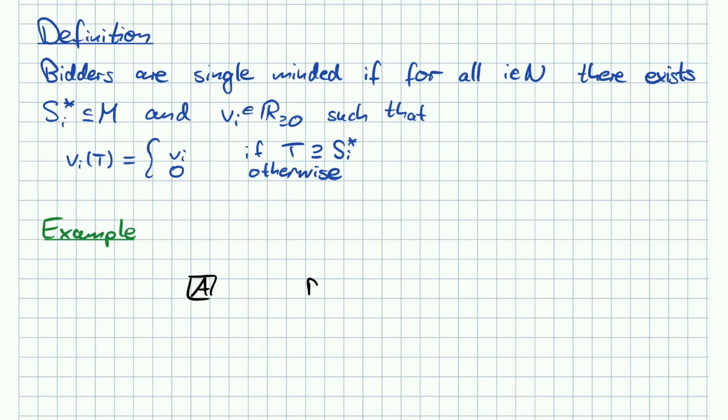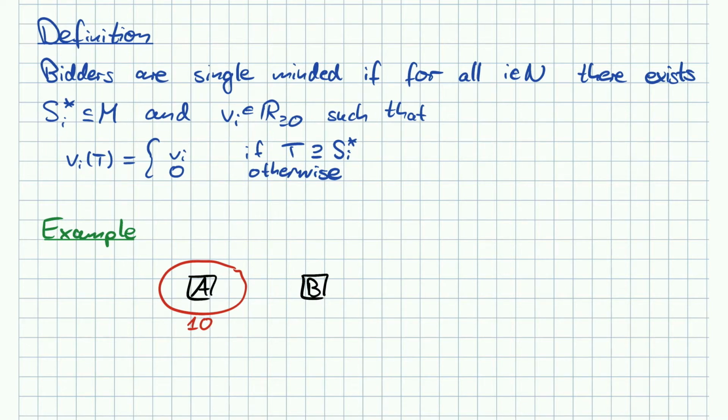Let's call them A and B. And then I have three bidders. The red bidder has a value of 10 for item A. For getting item B, this bidder does not have any value. For getting items A and B together, this bidder still has a value of 10.